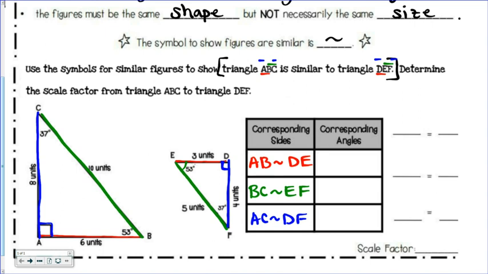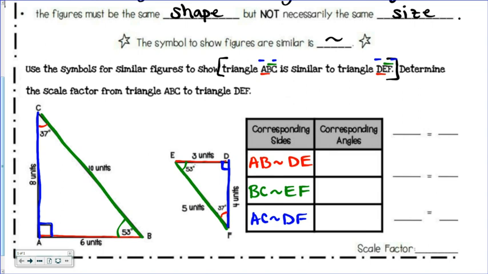So if we're looking at the right angle on our large triangle, and you're looking at 53, that side is the same on our smaller triangle as right angle to 53. So those ones are the red, AB to ED. And then our last set is you're looking at angle 37, and the right angle to 37 is AC on our large triangle, and right angle to 37 is DF on our smaller triangle.